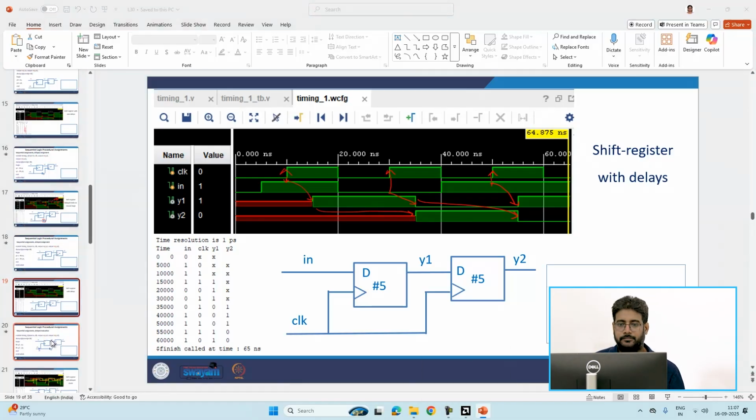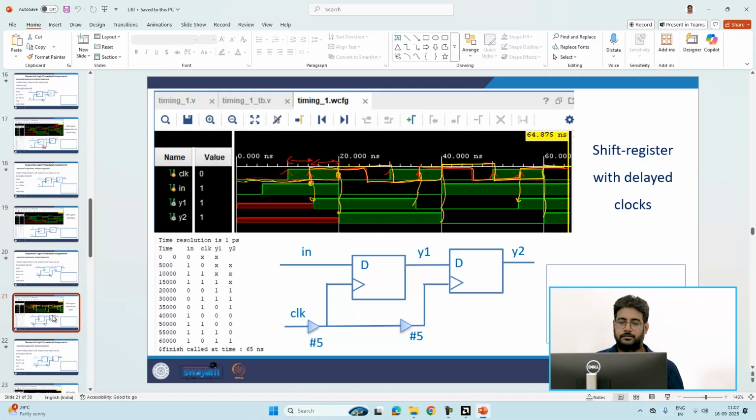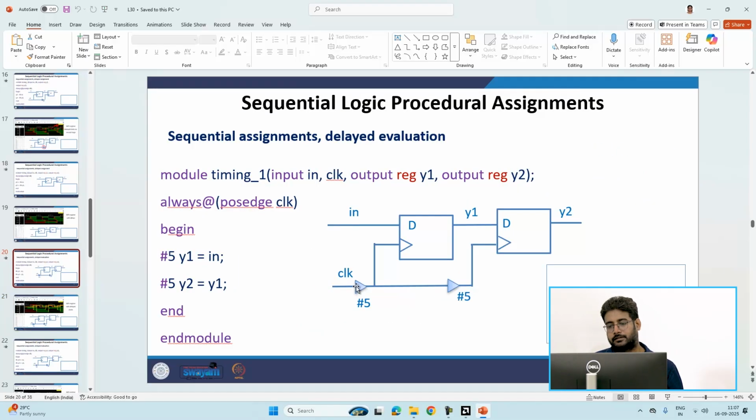Next example is this shift register with delayed clocks. Here, this delay is in the clock itself. First clock is delayed by 5. It's delaying the execution of this, even though it is blocking.